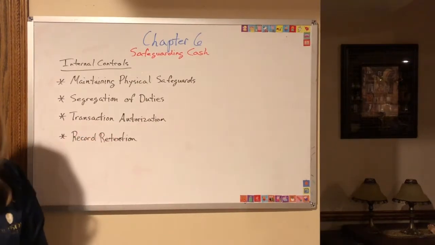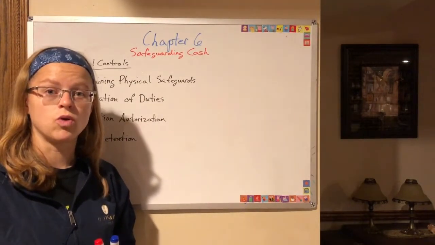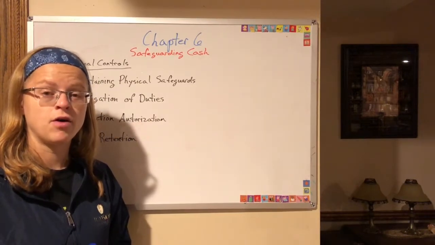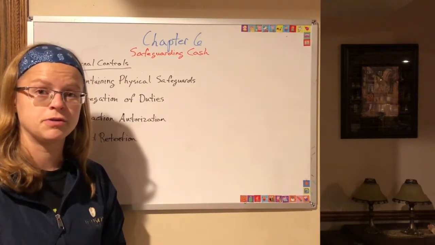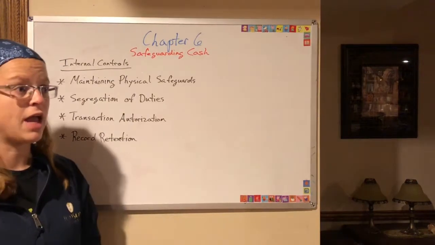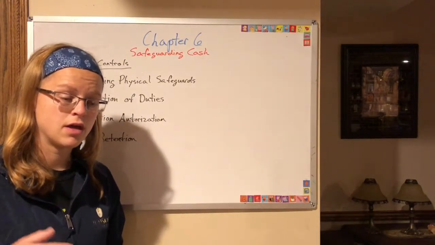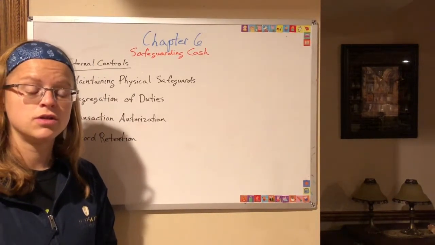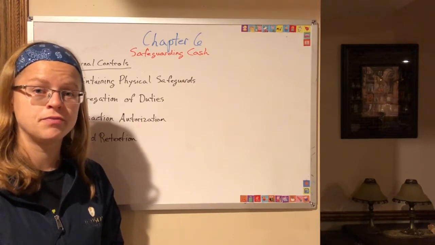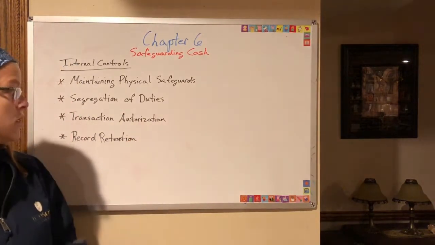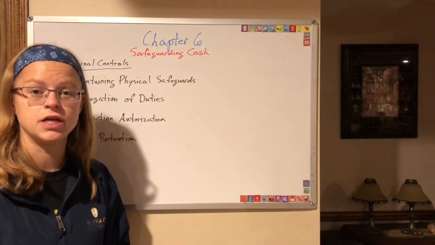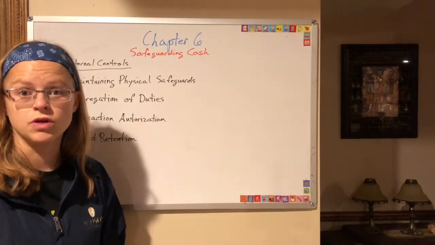Transaction authorization. Only managers or owners should have authorization of large purchases. So an example, Anne hires a girl to work in her organization, and she has access to purchasing anything she wants, really.